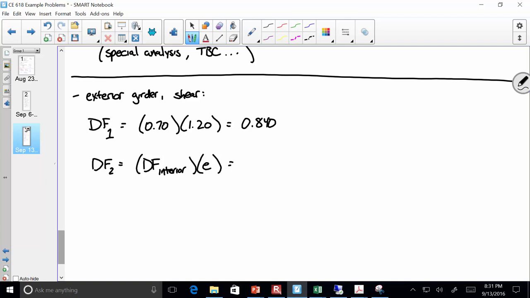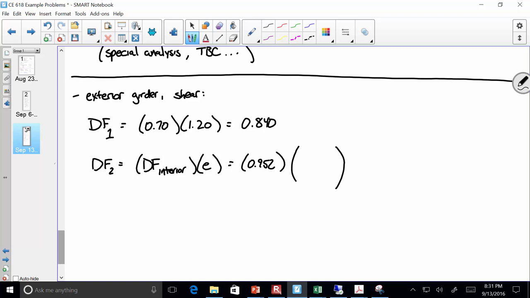We had 2 values, right? 0.952 times E. Now, I want somebody to go into the spec and tell me what that modification factor is for shear. So you're going to look in the exterior girder shear table. It's going to be later back, like 443, 444, 445, somewhere like that.